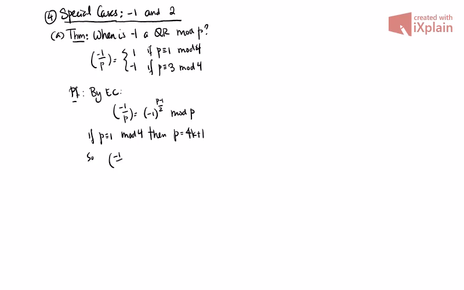You can see where this is going now. If I plug that in, we get 4k plus 1 minus 1 over 2. The ones cancel, I get 4k over 2, which is 2k. And this is 1.